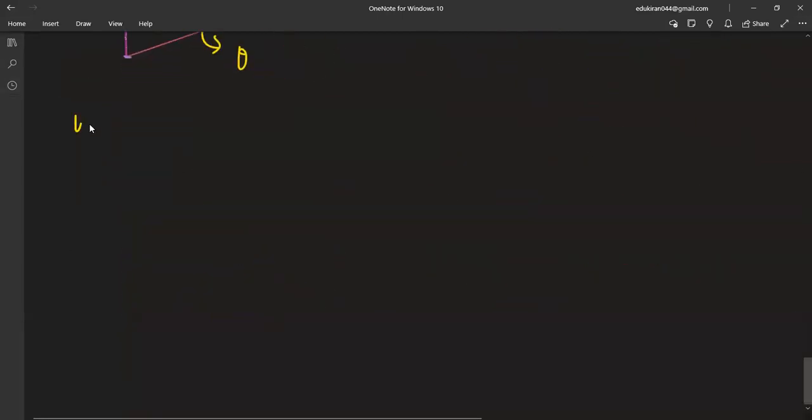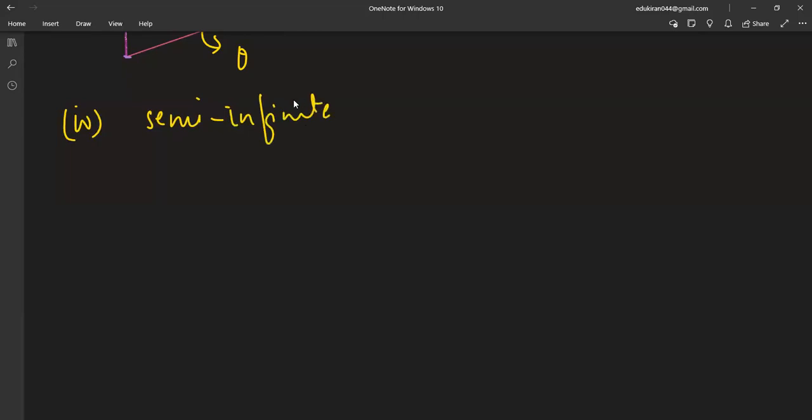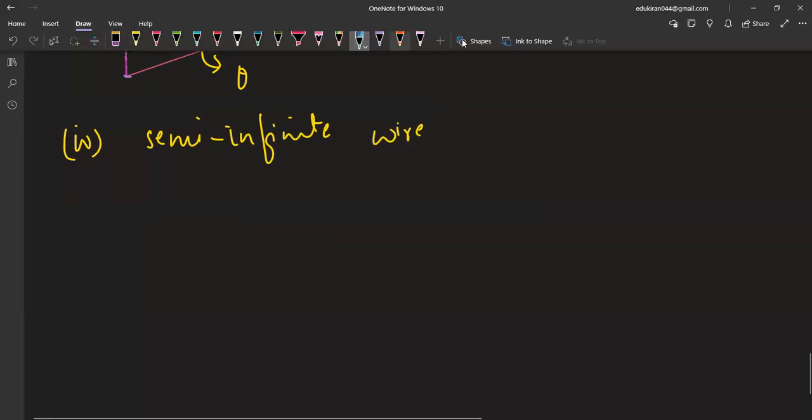And coming to the final one, which we have discussed already in class, the semi-infinite wire where the point is now towards the finite end. This is extending up to infinity.